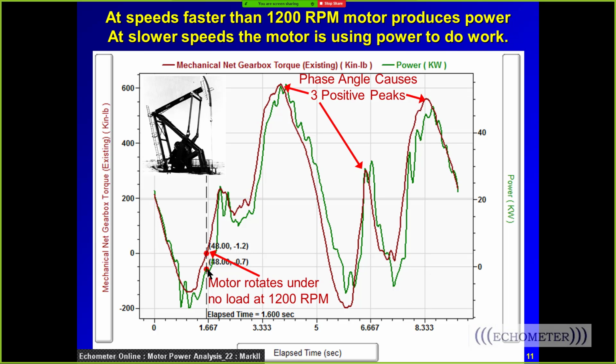At that point in time, when the motor goes faster than synchronous speed, which is typically 1200 RPM, you'll see that the motor starts to output some negative kW, which means that the motor is converting either the rods falling or the weights falling from potential energy into power, into kinetic energy, and you could view that as a generation of green power.